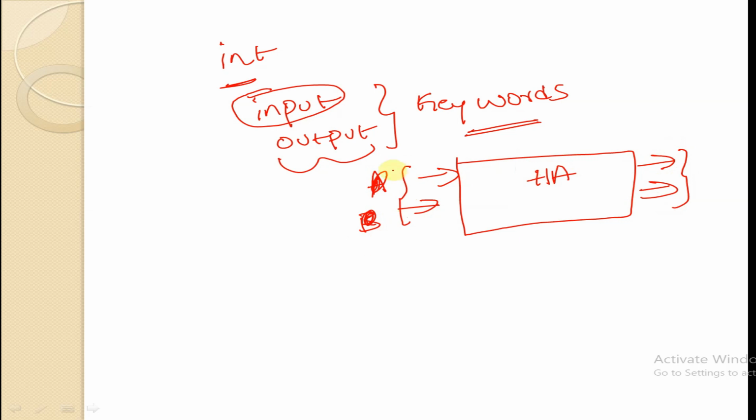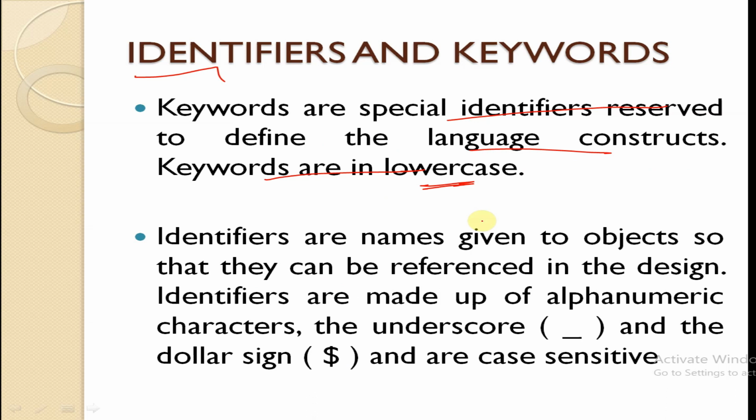We name one input A and the other input B, one output sum and the other output C out. The names which we have given to these inputs and outputs are called identifiers.